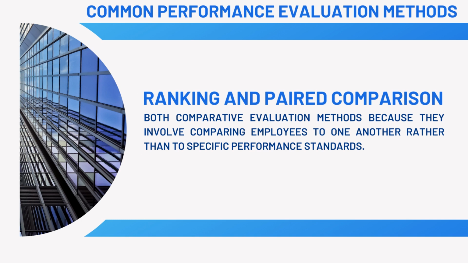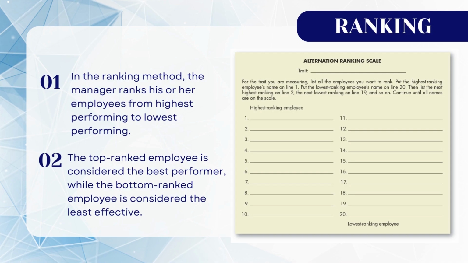What is ranking? In the ranking method, the manager ranks his or her employees from highest performing to lowest performing. So the top ranked employee is considered the best performer, while the bottom ranked employee is considered the least effective. This method is relatively simple to use and eliminates the possibility of leniency or strictness bias.